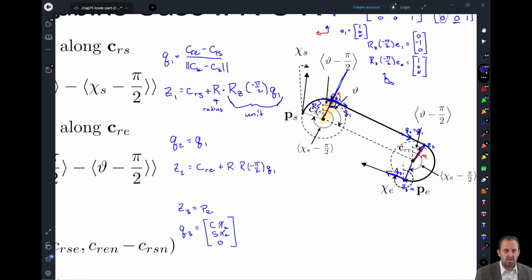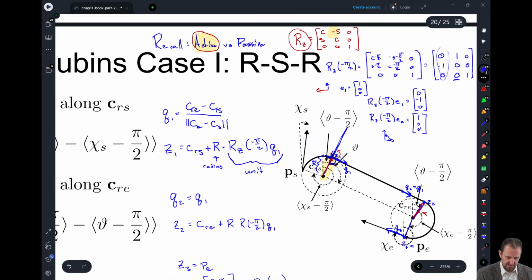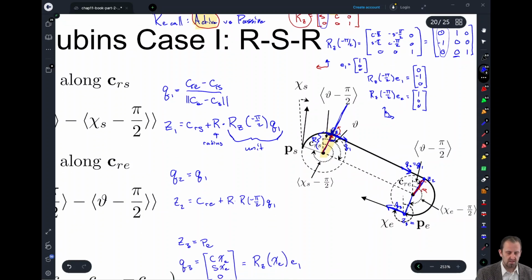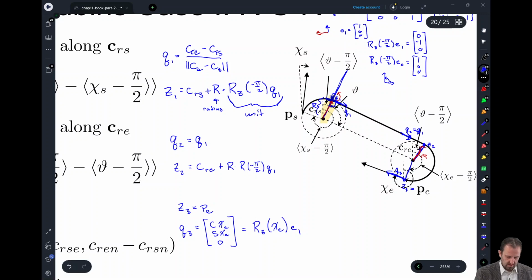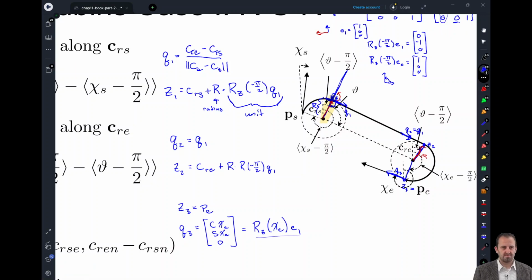Now the book writes this slightly differently. This is just equal to RZ of chi E times E1. So we're just picking off the first column of the Z rotation matrix, and this is nice because it allows us to easily write it on a single line.